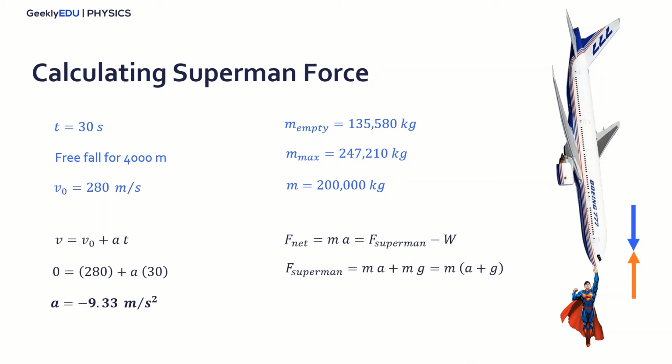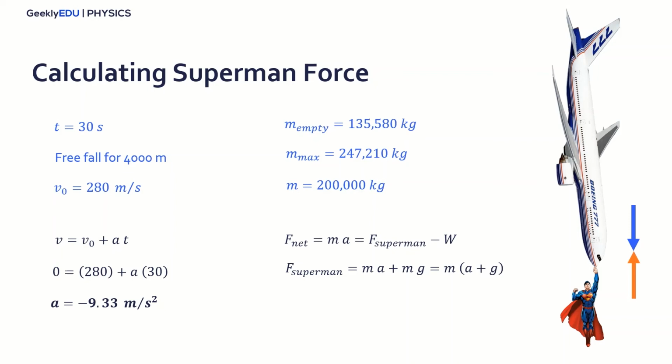We have mass times acceleration, which is the mass of the airplane and the acceleration we've just calculated, and mg, which is the mass of the airplane and the gravity acceleration. Note here that I'm adding these two accelerations, okay, because it's the force Superman is applying against the airplane. So he has to overcome these two accelerations, right? The gravity and the airplane acceleration.